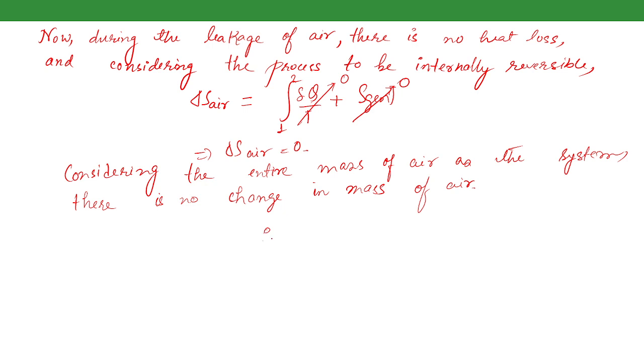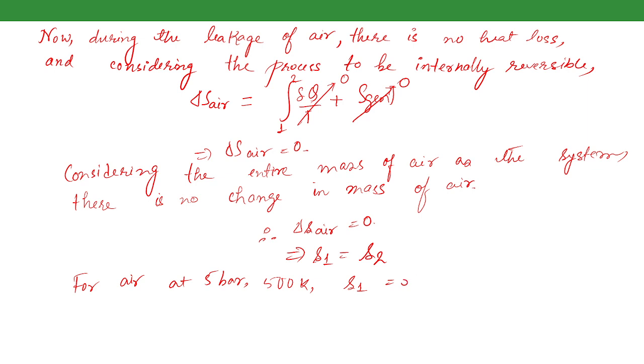Okay, therefore the change in the specific entropy of air is also 0. That is, we can write it as the specific entropy in the first state is equal to the specific entropy in the second state. Okay, now for air at 5 bar, 500 Kelvin, the entropy is 6930 joule per kg Kelvin, and this is equal to S2.